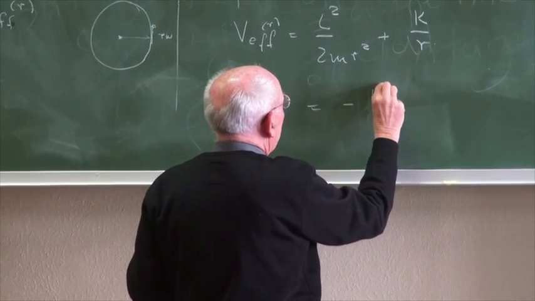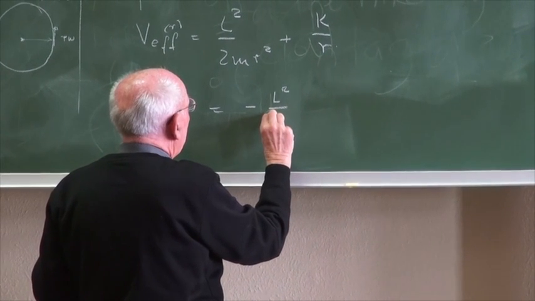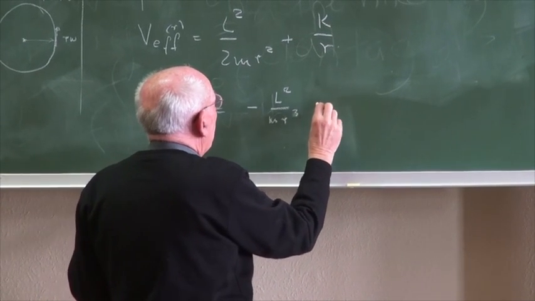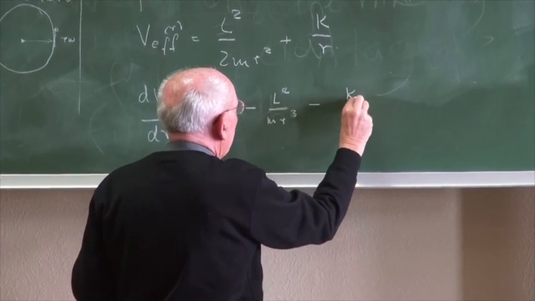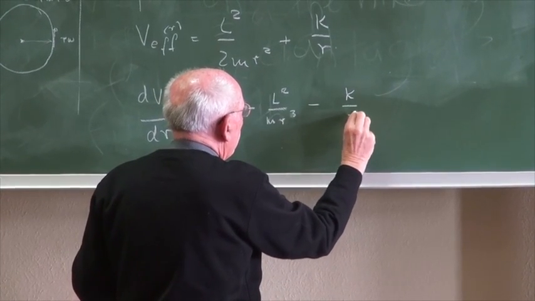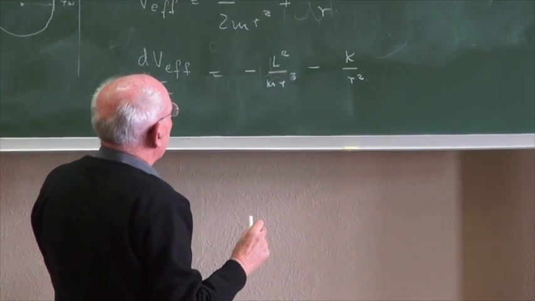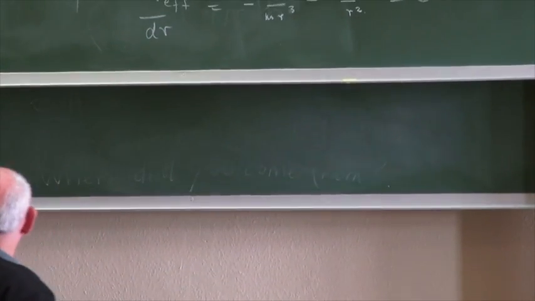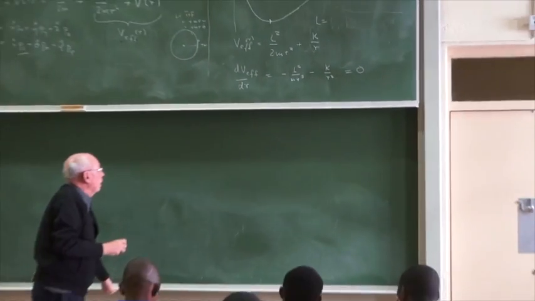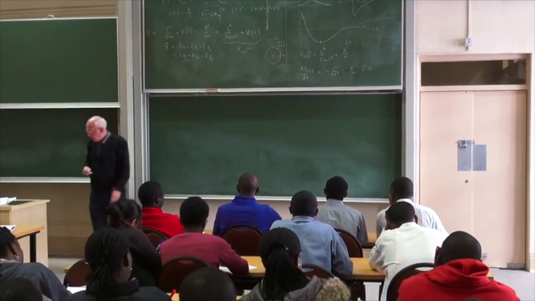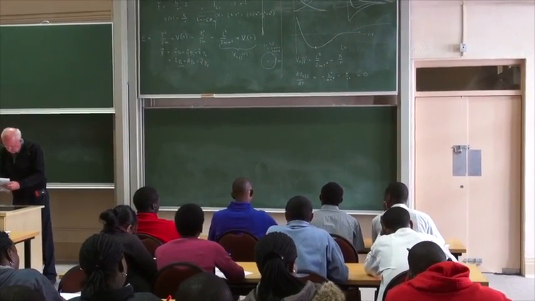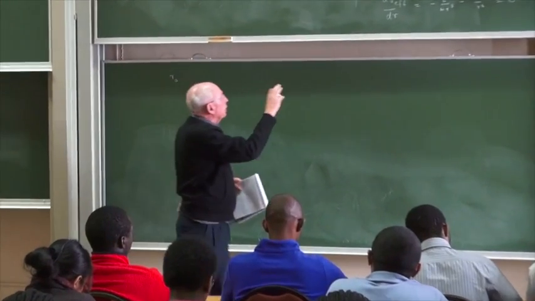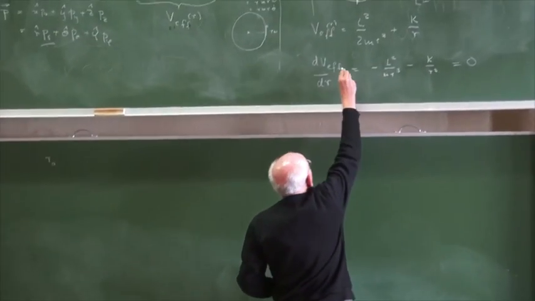L squared over mr cubed, minus k over r squared. And this must be equal to 0. And so from this I get a condition which says R0. So this is at the point R0 where this is 0.